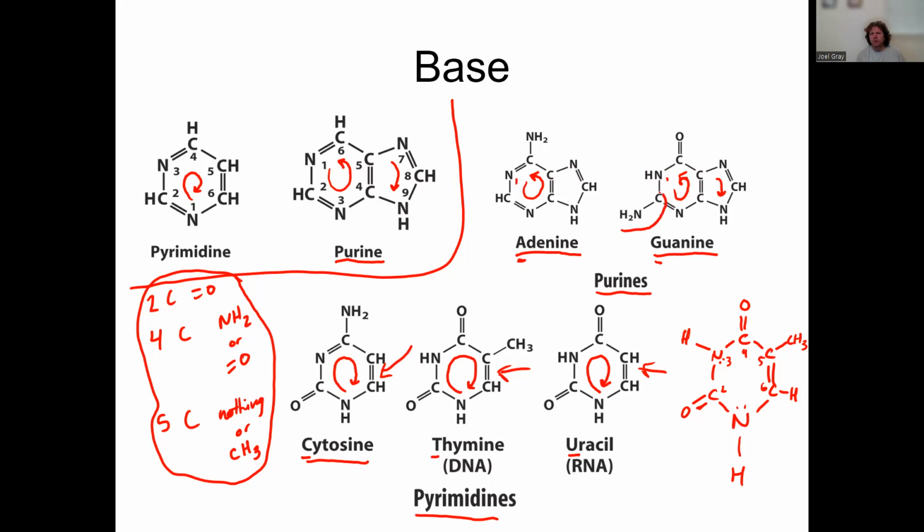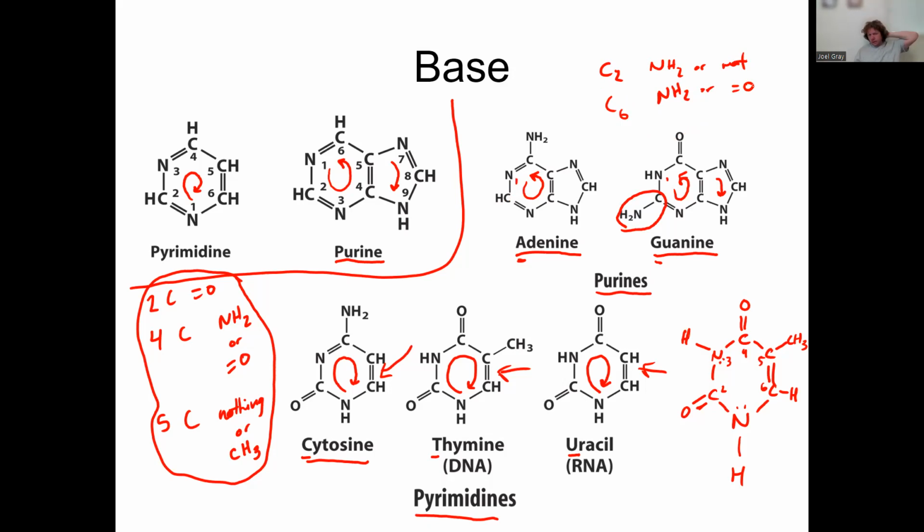Position number 2 is one point where we have a differentiation. So C2, what's present? Is it NH2 or not? Then at position number 6, C6, is it NH2 or carbonyl oxygen?